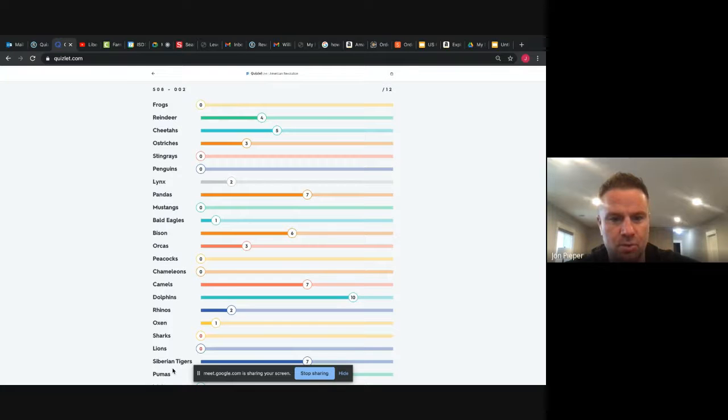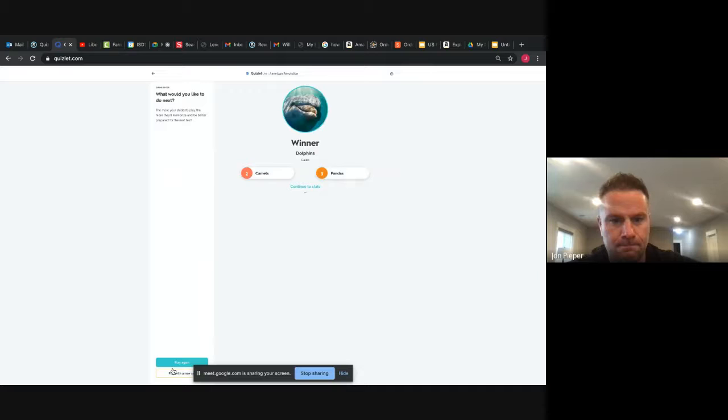Looks like Dolphins are going to swim away with this one by 2 lengths. There it is. Dolphins by a dorsal fin.